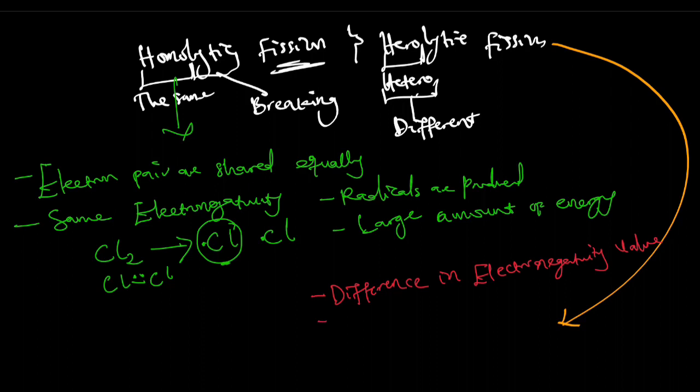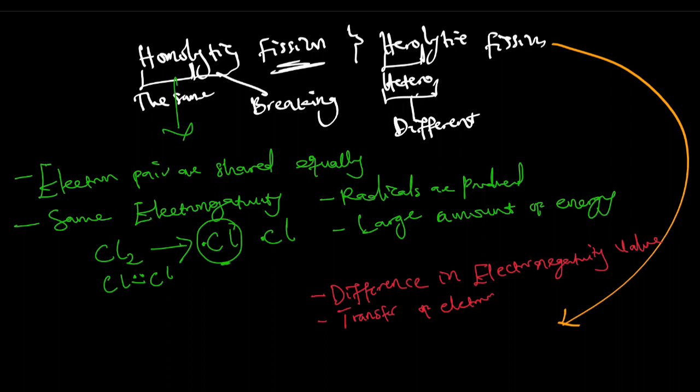Not only that, there is a transfer of electron from the less electronegative atom to the more electronegative one. That means the electron pair is not shared equally in heterolytic fission.